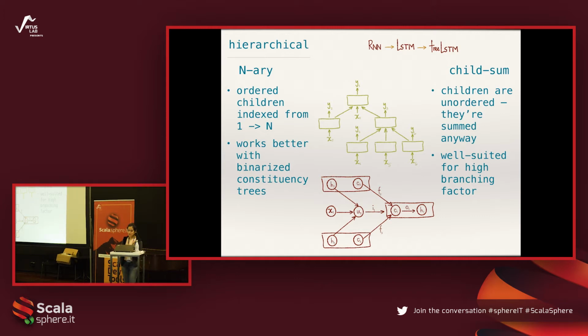Now, since the child-sum tree LSTM unit conditions components on the sum of child hidden states, it's really well suited for trees with a high branching factor or whose children are unordered. So it's a good choice for us specifically because the number of dependent nodes is going to be very highly variable, right?